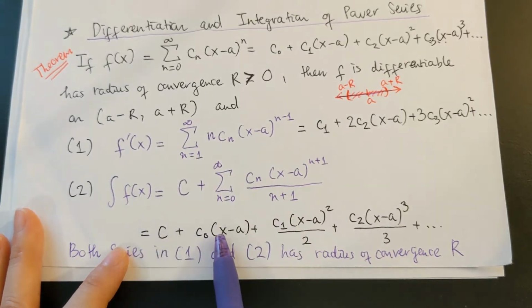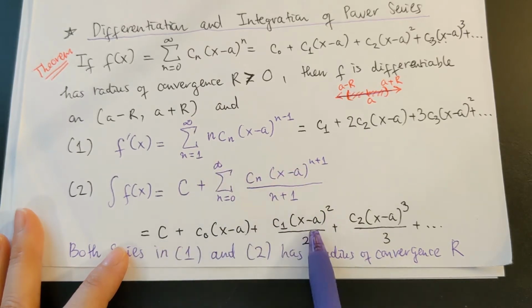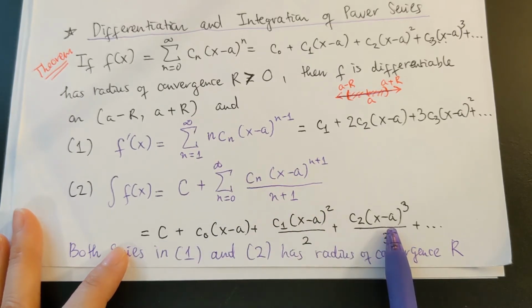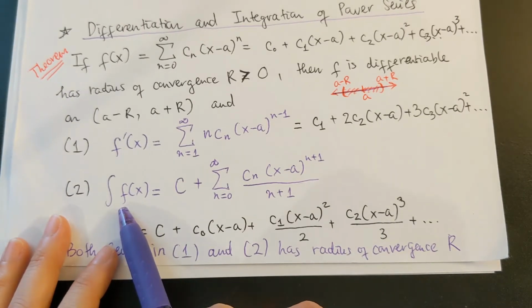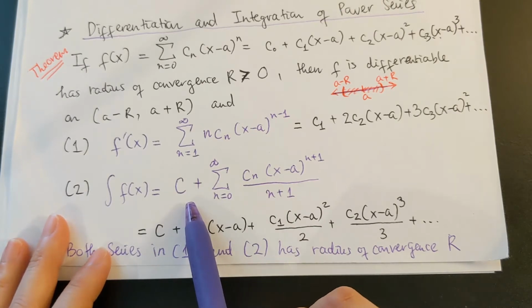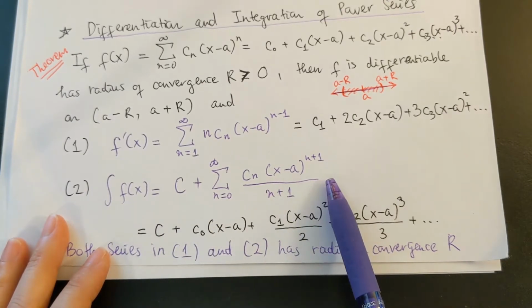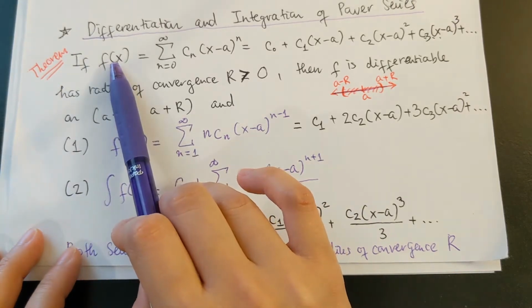If I list this series term by term, I have the following. And we know that with an indefinite integral, we always add a plus c. So this is the power series representation for the integral of the function f.